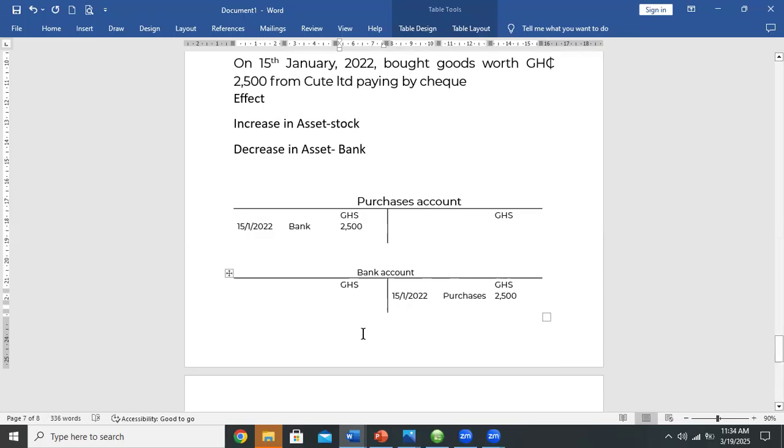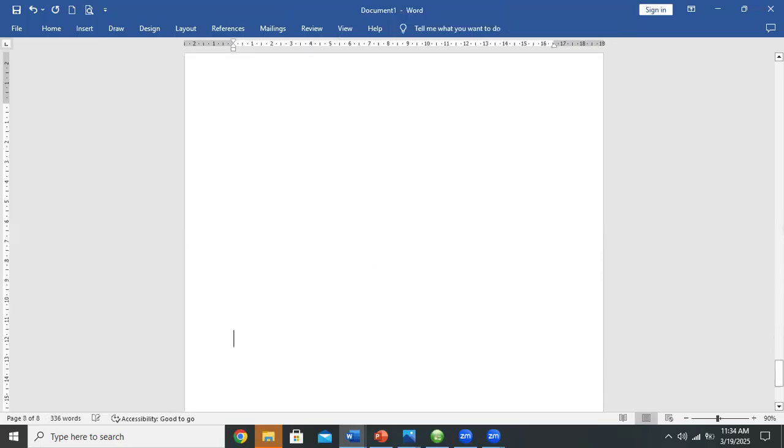Okay, so let me do some summaries here. Professors, transaction number 1 is investment by the owner, and we have seen that it is an increase in capital and an increase in asset.